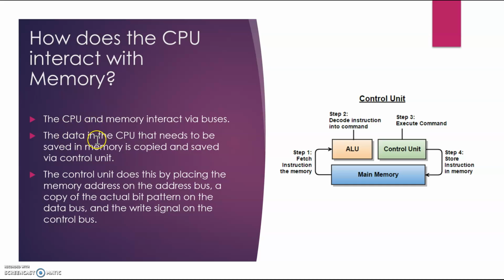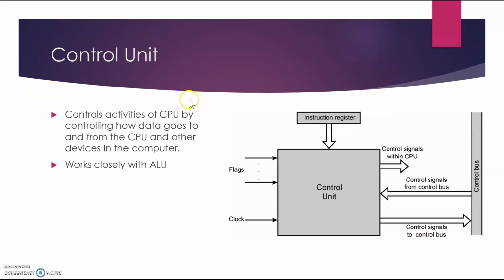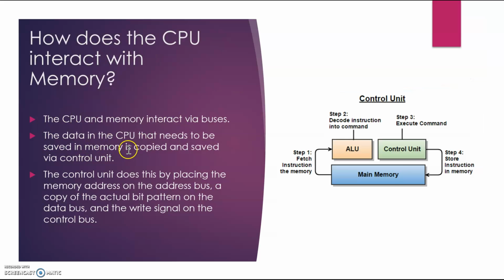The data in the CPU that needs to be saved in memory is copied and saved via the control unit, which we saw earlier, which controls everything that the CPU does. Let's go back and look at it just to be 100% clear. This is what controls how it interacts with the memory.